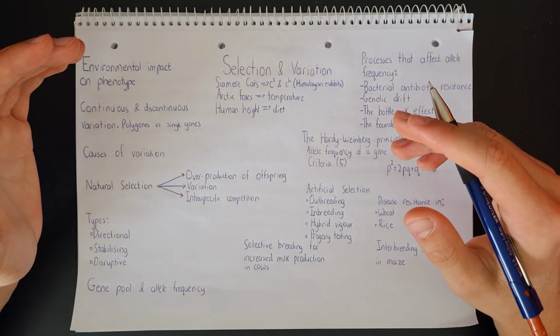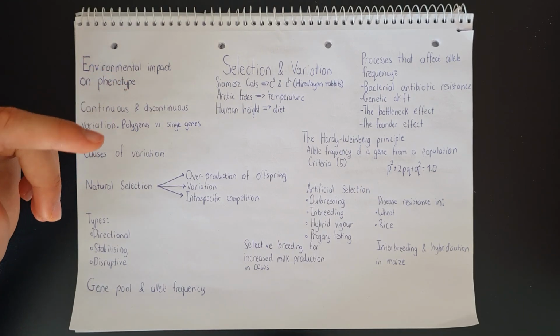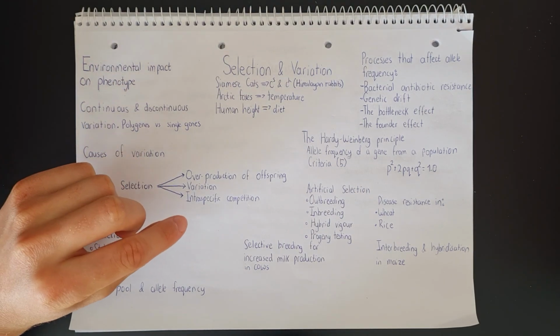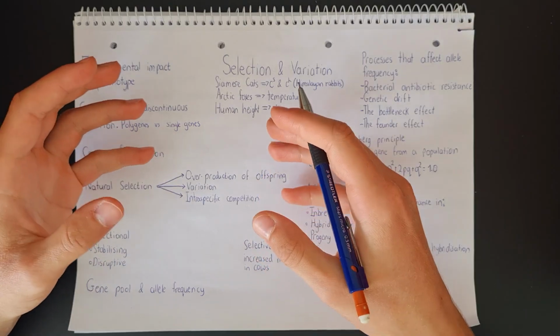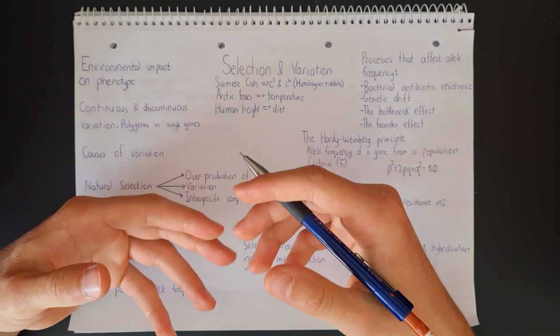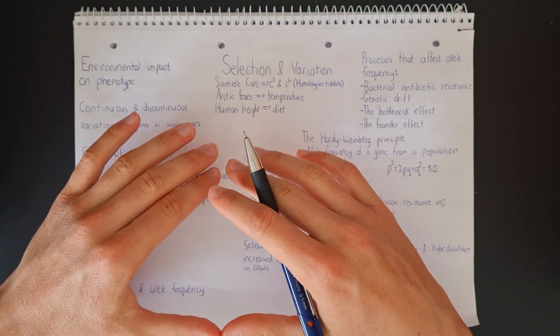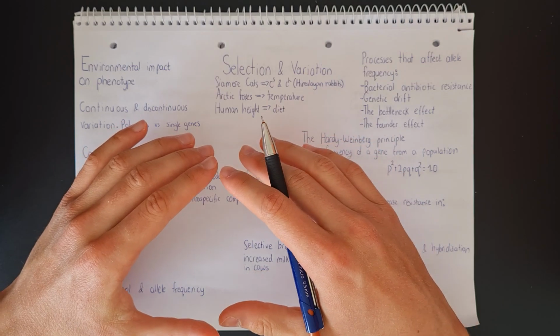Now, the first thing to understand is the relationship between genotype, phenotype, and environmental factors. So genotype refers to the genetic makeup of an organism, and the genotype provides a blueprint which provides the limits to which an organism may develop.